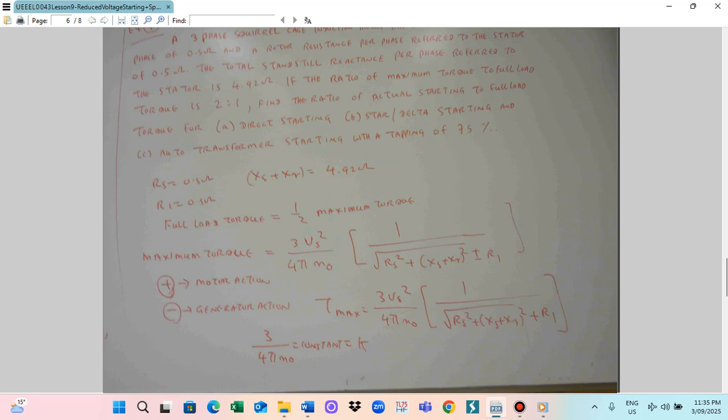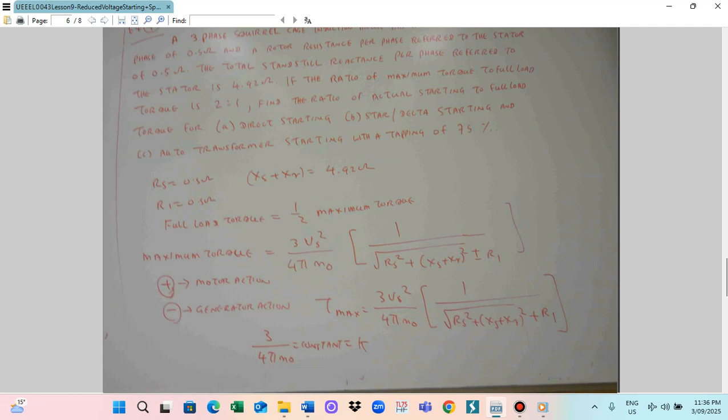So 3 divided by 4 pi n0 is constant, so we just put K. So that we got the equation T maxima is equal to K into Vs squared, and 1 divided by the square root of Rs squared plus (Xs plus Xr) squared plus Rs. So this equation we got.